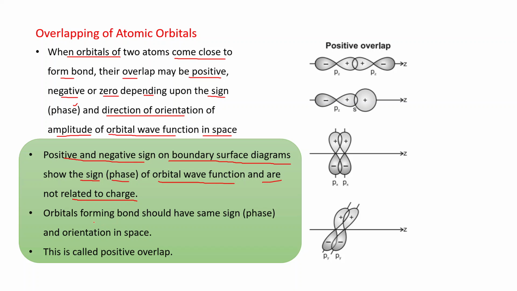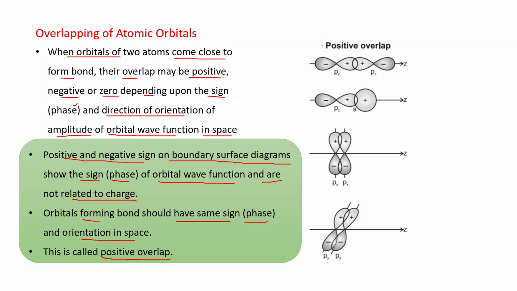Orbitals forming a bond should have the same sign or phase and orientation in space. It means the same sign of orbital wave function and the same orientation in space to form a bond. This type of overlapping is called positive overlap.